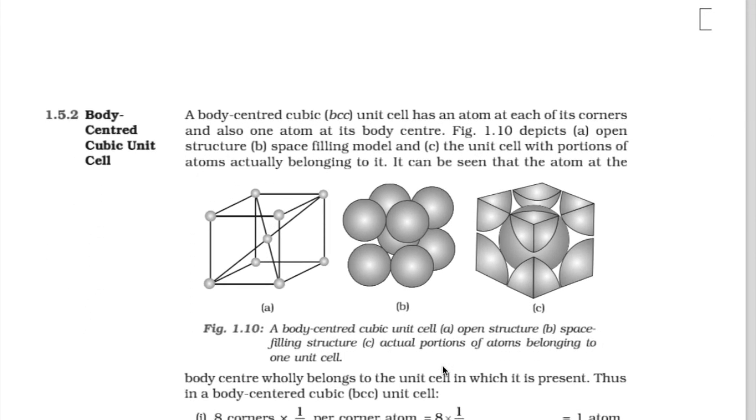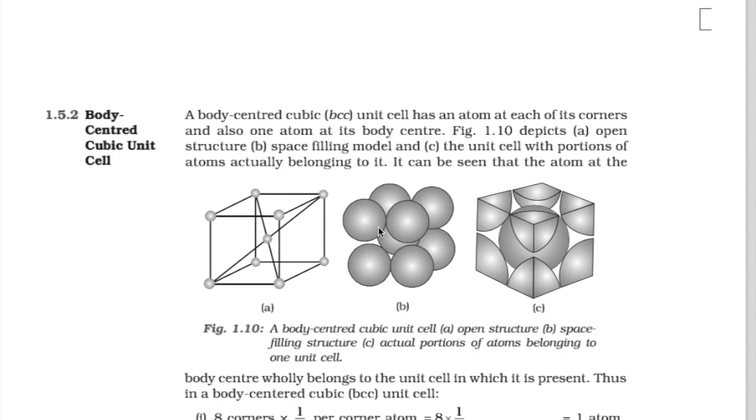The next type of unit cell is the body centered cubic unit cell. As we know, in a body centered cubic unit cell, particles are present at the corners as well as one particle in the center of the unit cell.